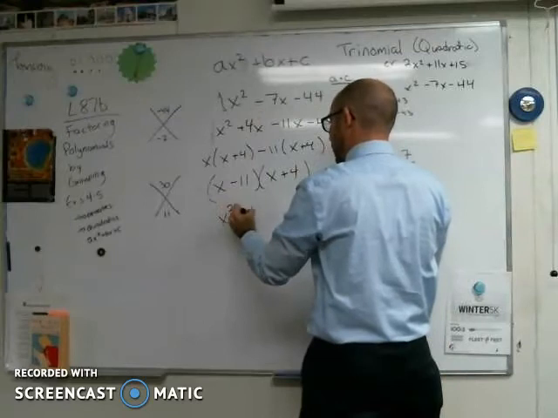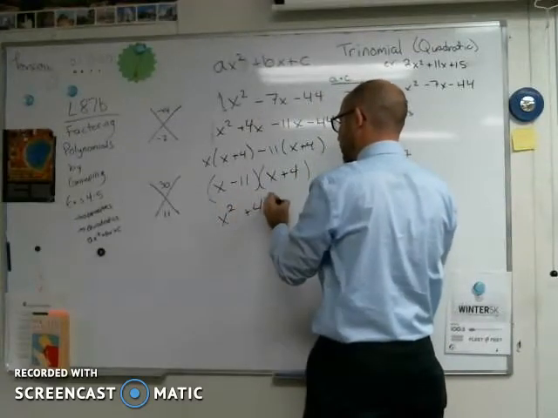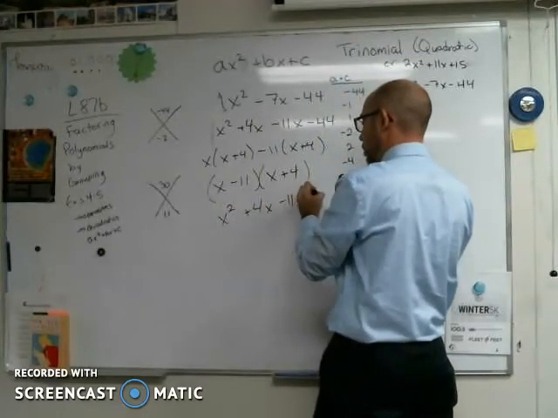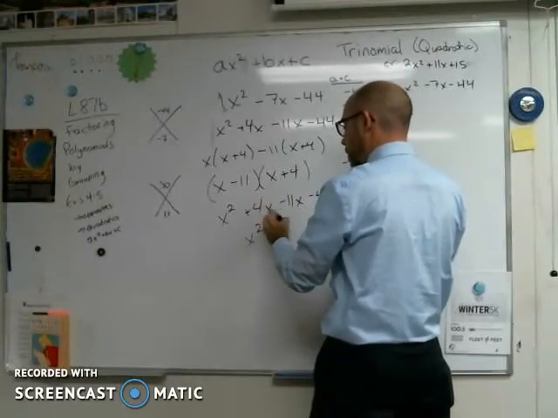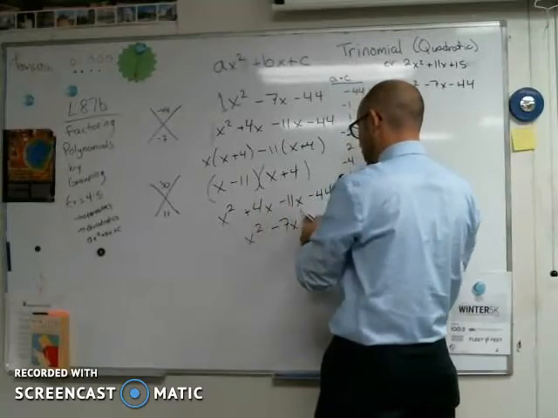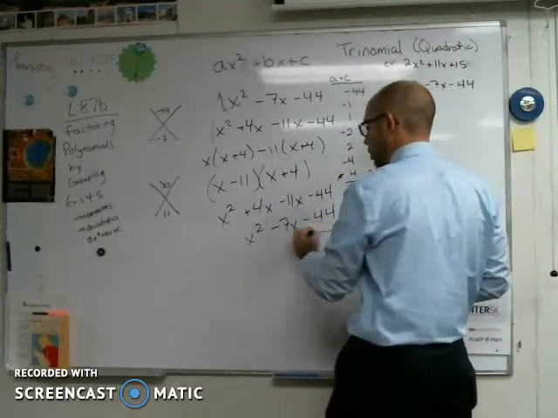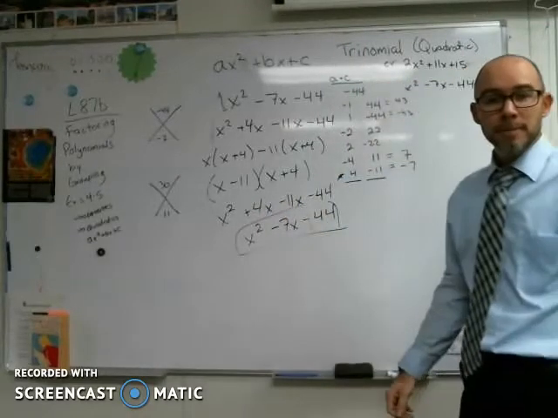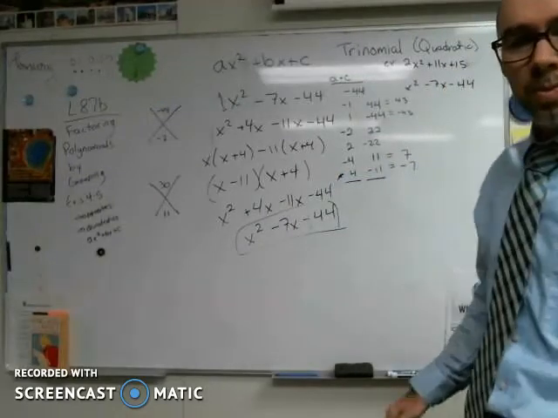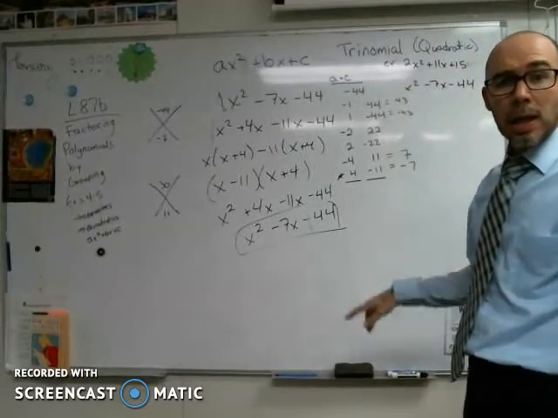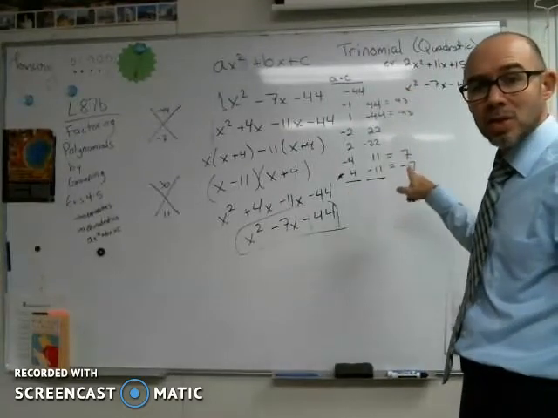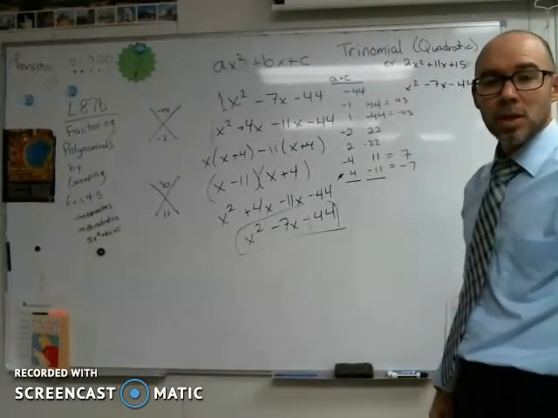First, outside, inside, and last, and then we recombine these and we get back to where we started. That one's a little bit more complex because you kind of have to start thinking about all the different factors until you get to the ones that sum to the number that you need.